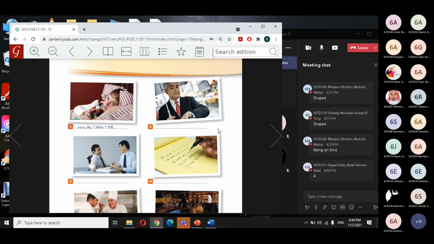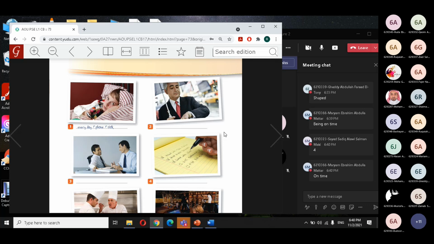Number 2. What is the idea here in number 2? If someone asks you, I want to be a good employee, if you look at the second picture, what advice can you give? He's looking at the time to see if he's going late or early. He should be on time. Yes, he is looking at his watch, so this means that he is checking the time.